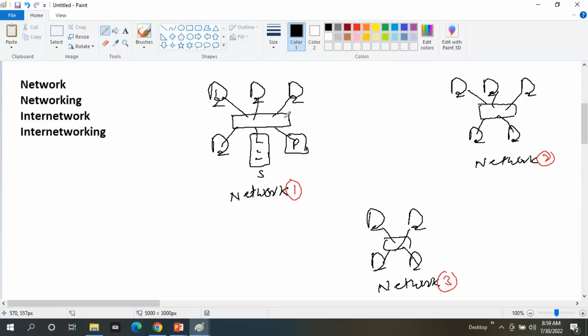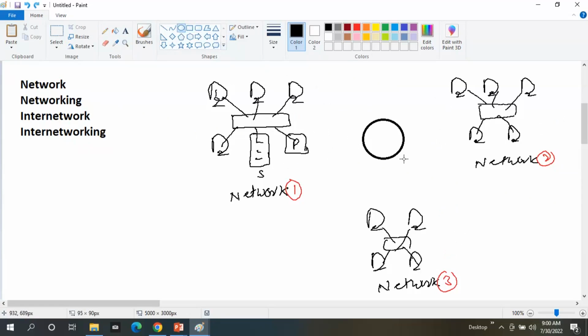The server is available in network 1, the printer is available in network 1. Network 1 users can utilize these resources, right? What about network 2 users and network 3 users? Do we need to maintain one more server and one more printer here, and again here? No need. One hardware can be shared with multiple networks and multiple users.